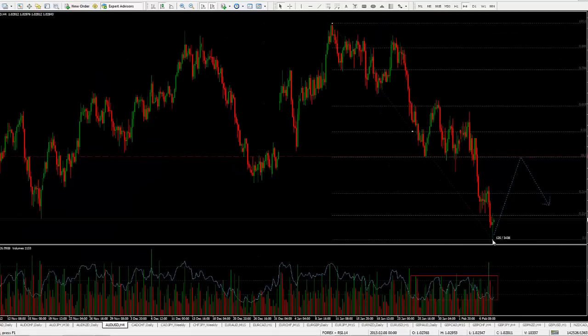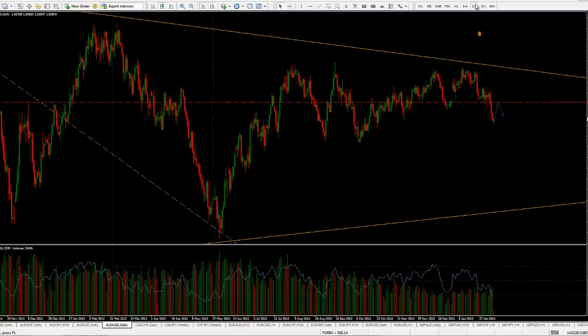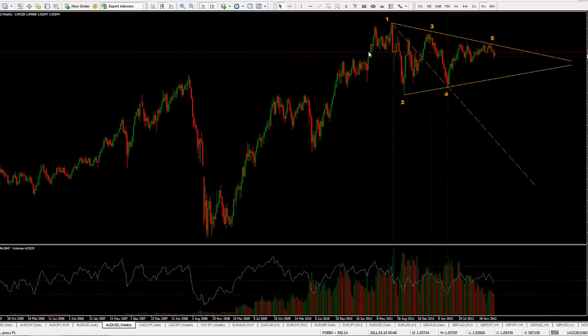I'm looking at structures. The structure here is a 38.2 reversal, which in this time horizon is not that obvious, but when you climb up into the daily, you'll see that it actually has some relevance.